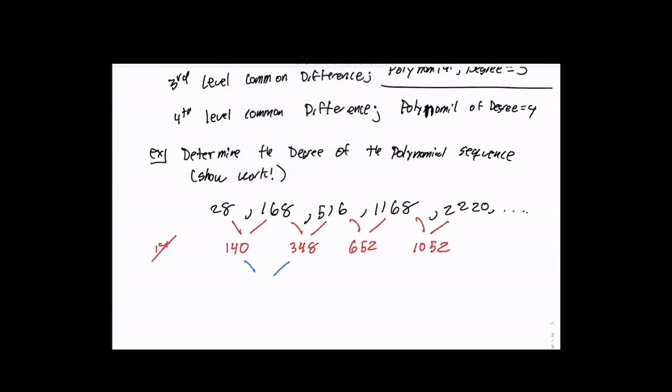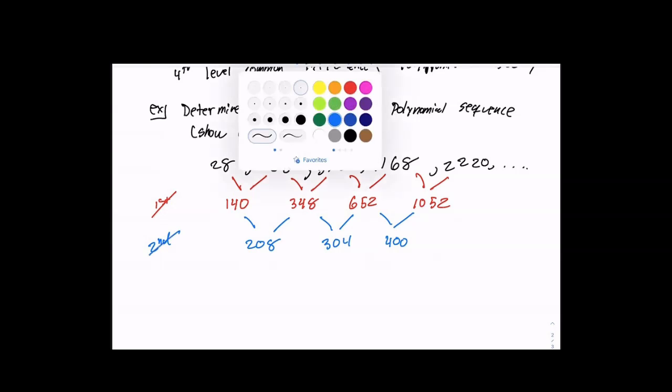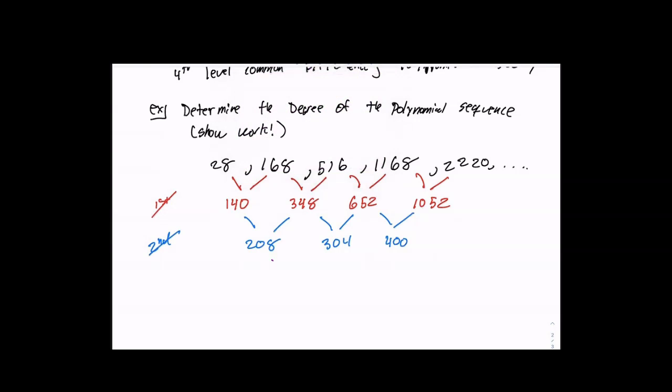I'm going to take the differences between these. I get 208, 304, and 400. Is this degree 2? No. Do it one more time. This gives me 96.